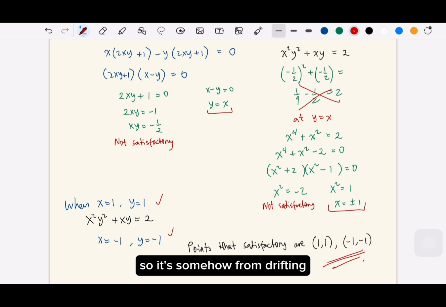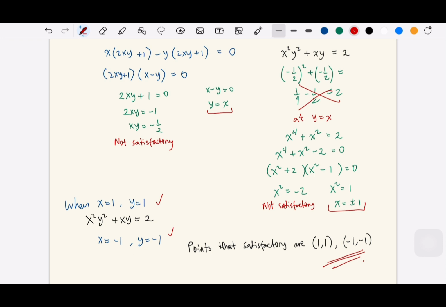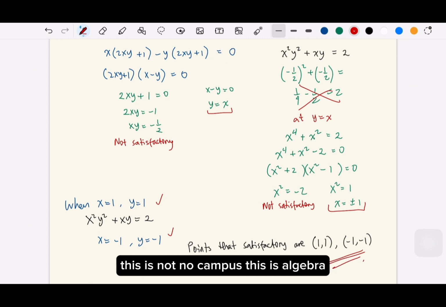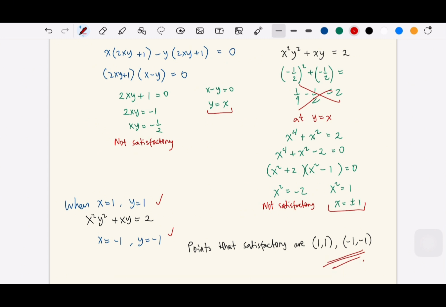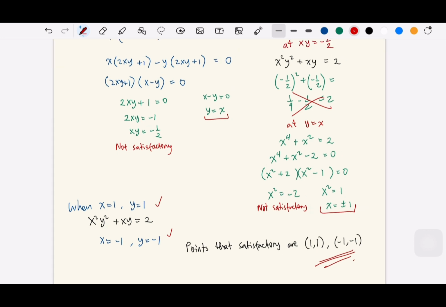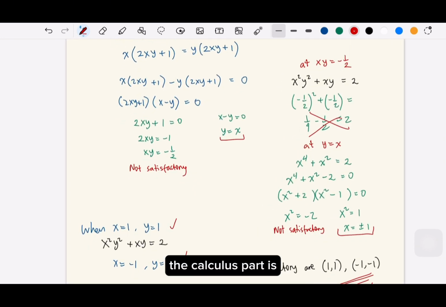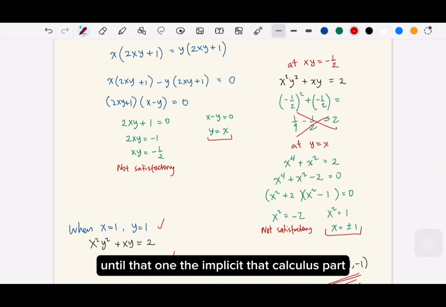So it's somehow from the derivative and then we get some algebra process here. This is based on your algebra. This is not your calculus. The calculus part is up until that one, the implicit part.